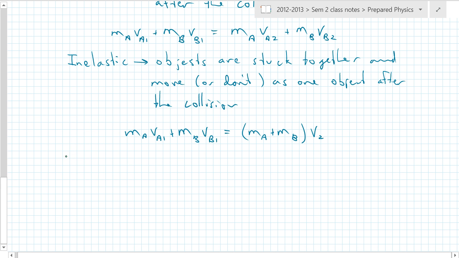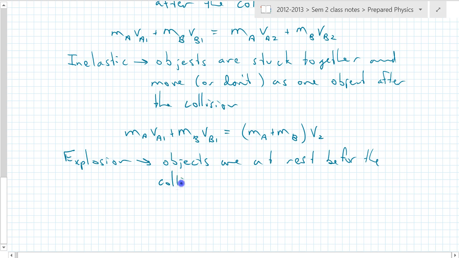And then there's also technically an explosion, where objects are at rest before the explosion and move away from a common center.